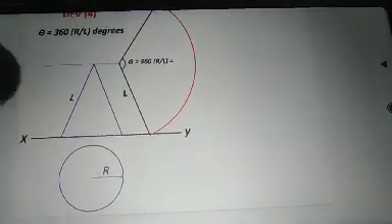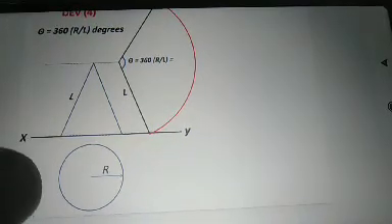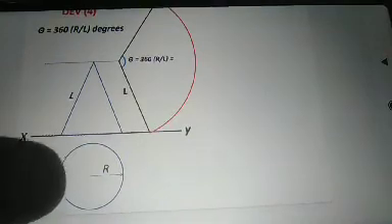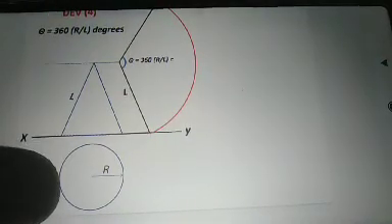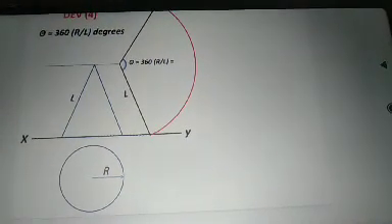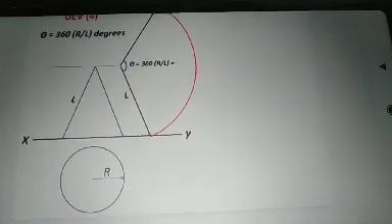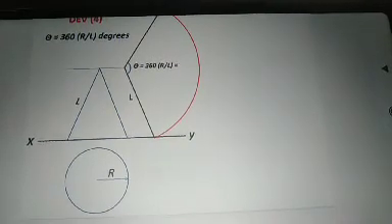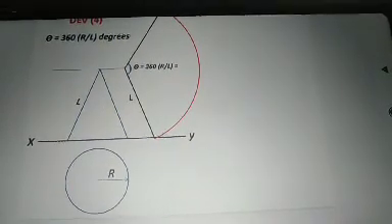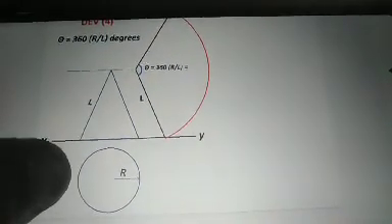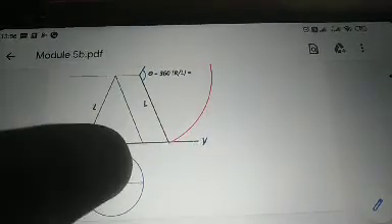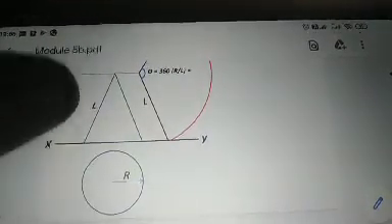Above the XY line is the front view, below the XY line is the top view. Now for the top view, draw a circle of the given dimension. The base diameter of the cone is 50 mm, so taking 25 mm as the radius, draw the circle below the XY line anywhere by taking a center. After that, take the projections of the end points of this cone and draw the triangle.